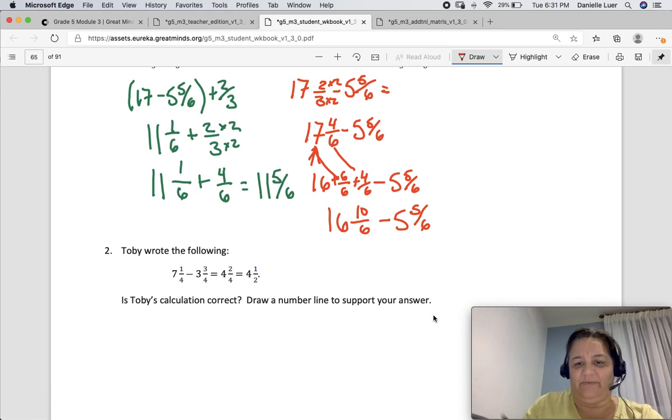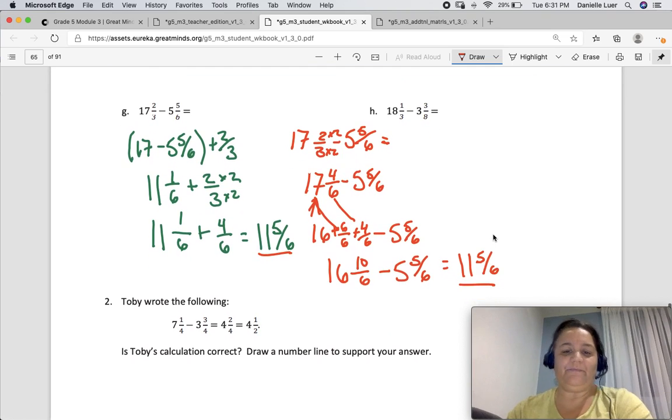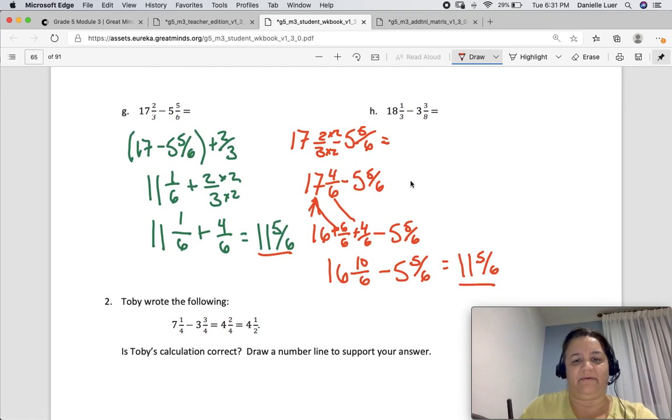My answer will be 16 minus 5 is 11, and 10/6 minus 5/6 is 5/6. Did you see? We got exactly the same answer. So with maybe one more step, if this makes you more comfortable, do it this way, and if this is fine with you, try it that way.